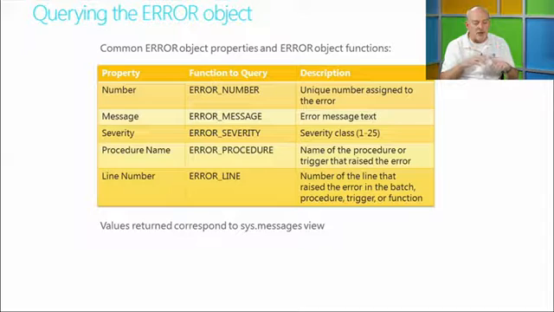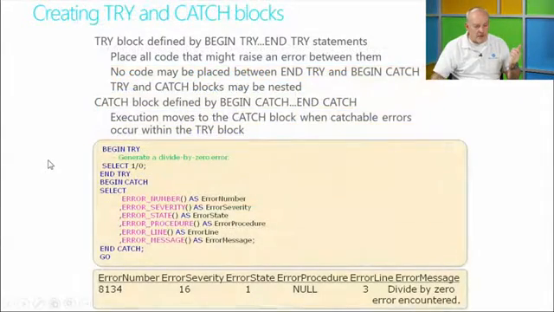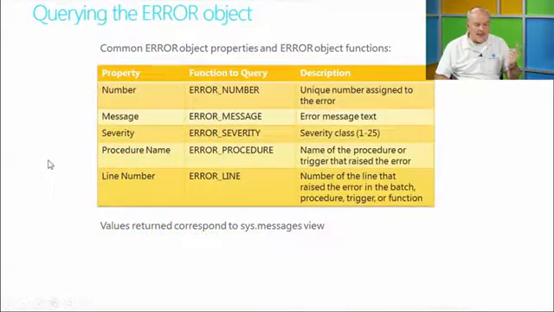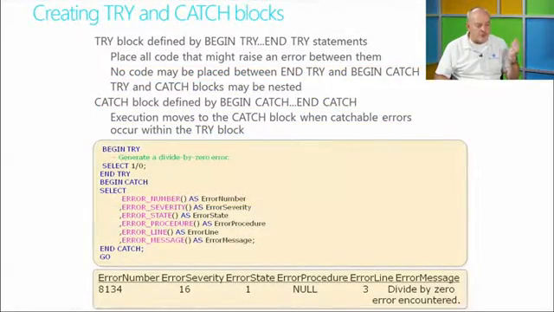There was a severity level number, and there was an error number, and a state number that was associated with that. So these are parts of the error message that you can create to generate your own messages. Values correspond to that information that's in the sysmessages view that's available here as a system table available to us.